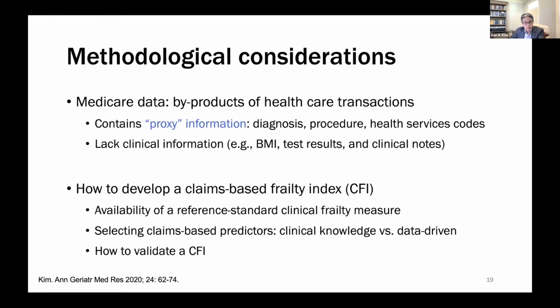When developing a frailty index using this proxy information, one needs to consider whether there is an external data set that contains a reference standard clinical frailty measure, how to select predictors from claims data using clinical knowledge or some data-driven variable selection method, and how to validate this index. In the next few slides, I will provide a brief overview of approaches that have been used by researchers in the field.